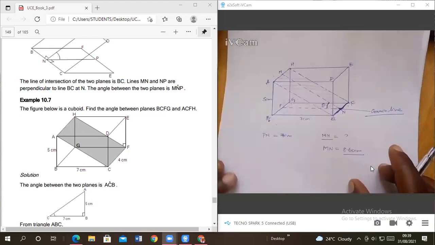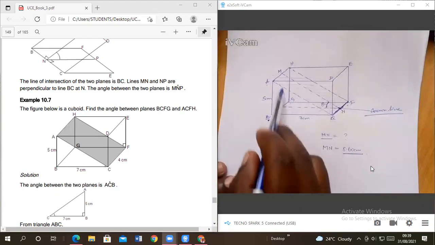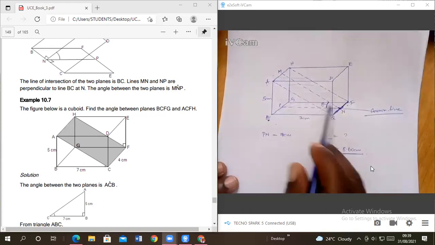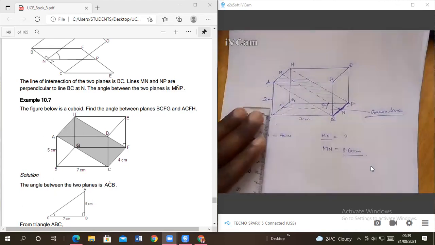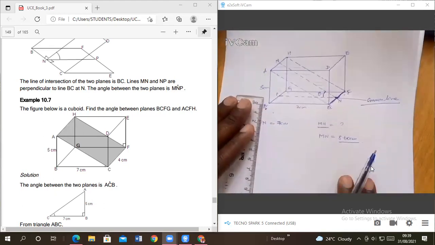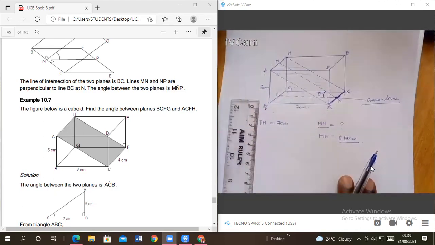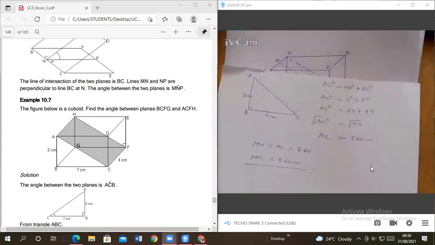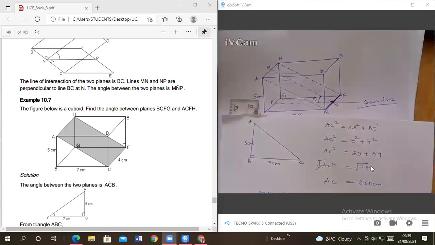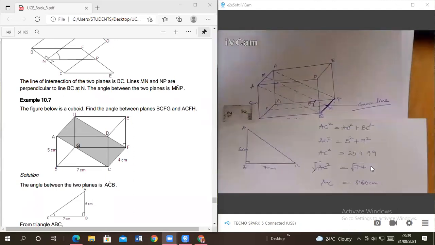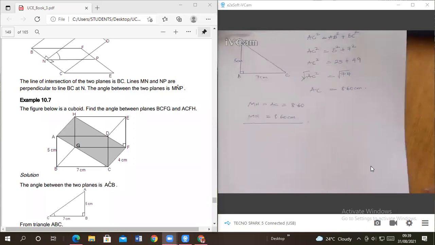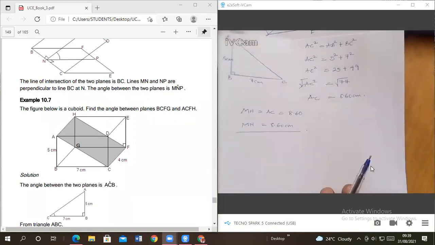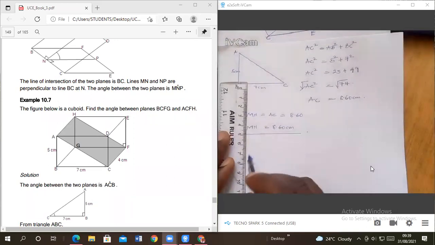So now we are going to draw a triangle that is inside here. There's a triangle PNM inside there. We're going to draw it and find the angle that is in between. So let me draw it so that we have the correct flow of our working. I'm going to draw the right angled triangle.